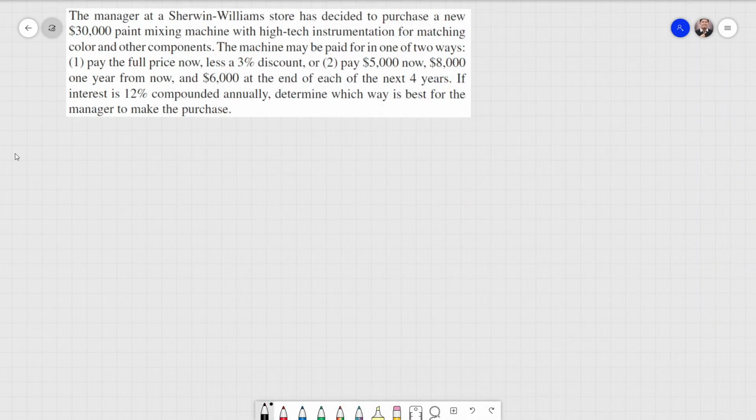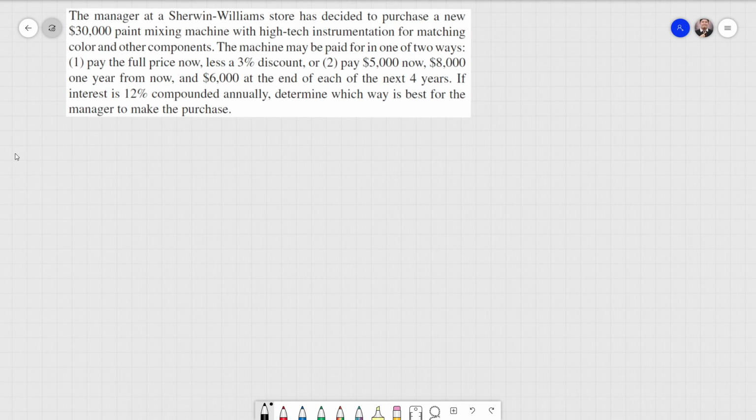Okay, so ngayon naman i-apply natin ang formula ng multiple irregular cash flow. So we have this problem here. So you can pause the video and read and understand the problem. Our main goal here is to determine which of the two ways ng pagbabayad sa machine ang best sa manager.